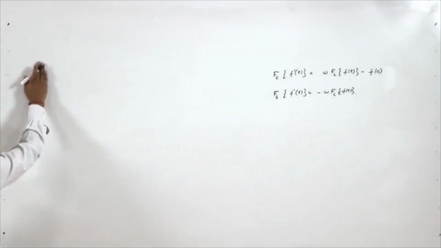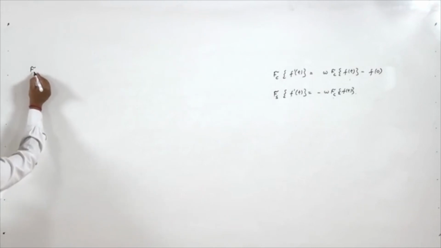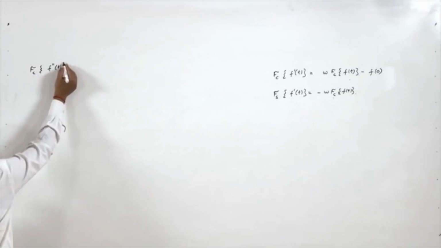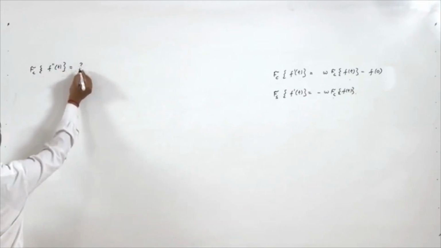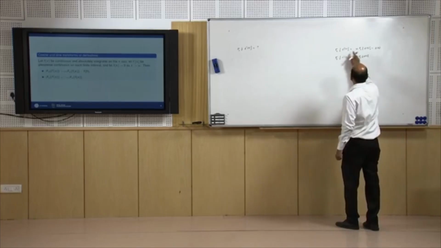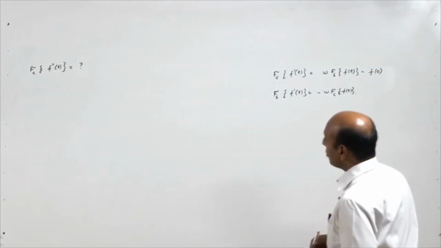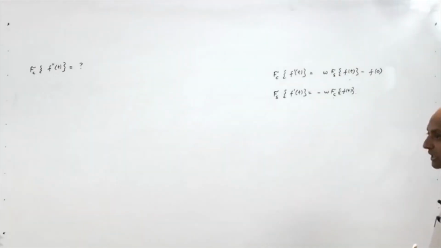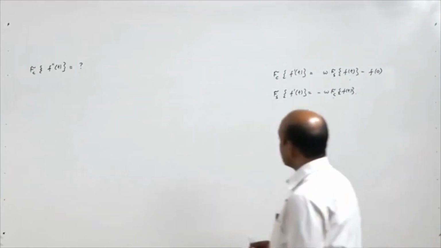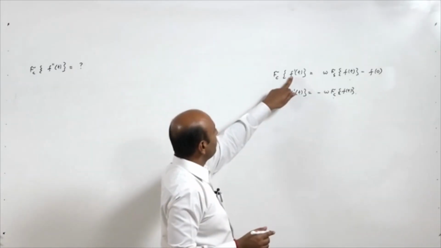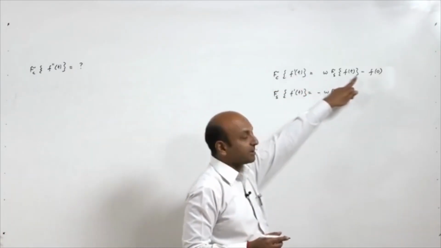Suppose now we want to find the Fourier cosine transform of the double derivative of f(t). This we want to find out. Okay. Now, suppose you want to find the Fourier cosine transform of the second derivative of f(t). So, this will be nothing but, you simply replace f by f' in this expression.